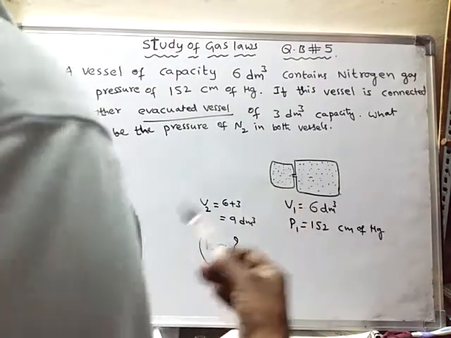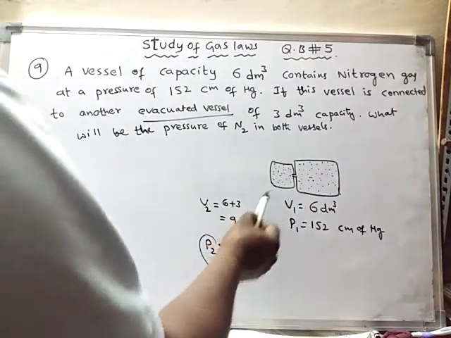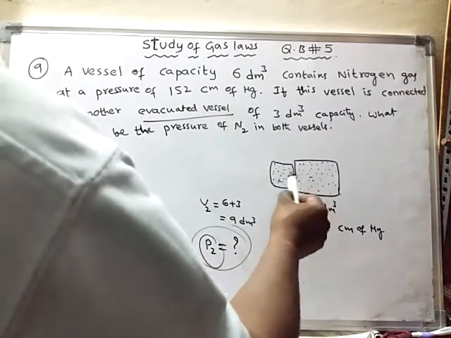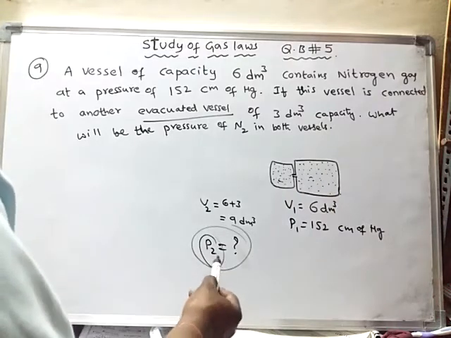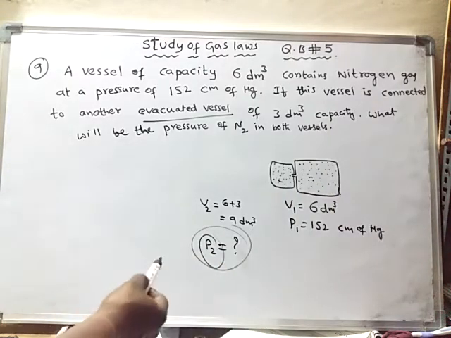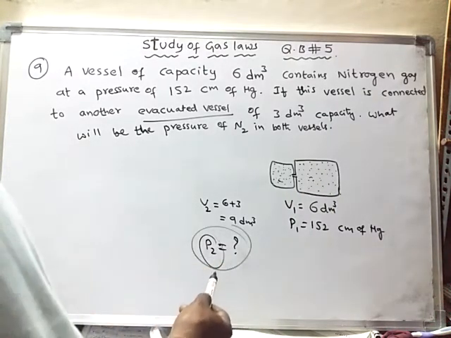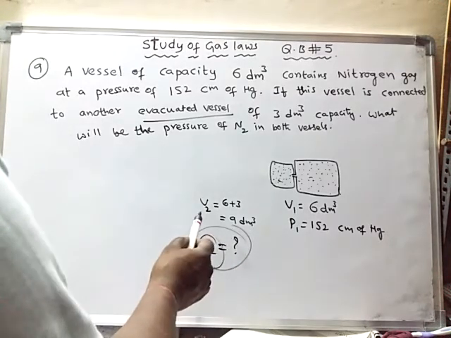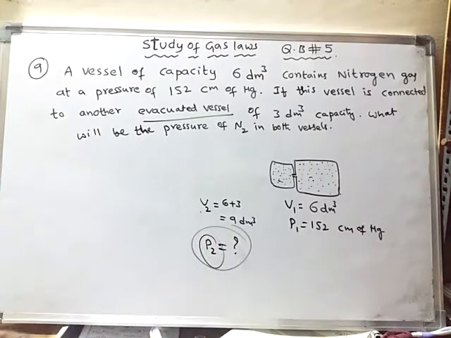So due to this, what happened? There will be a decrease in pressure. So now the nitrogen gas is under a new pressure. What is the new pressure value? We don't know, so simply assume it as P2. So new volume is V2 and new pressure will be P2.